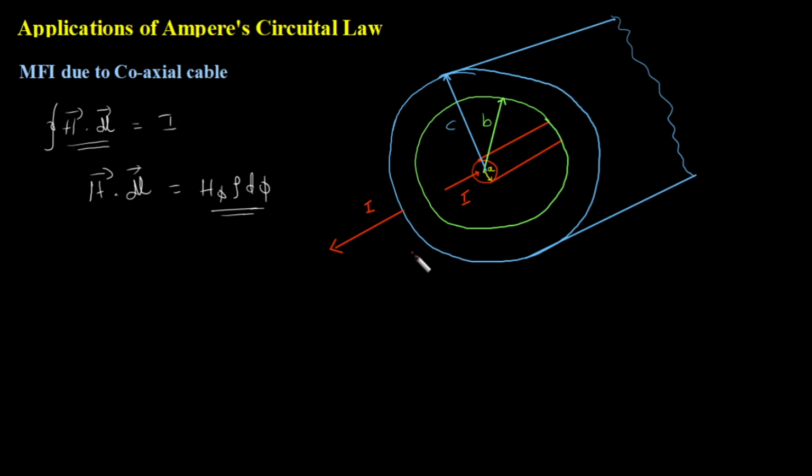What is the expression for magnetic field intensity if the closed path is around the coaxial cable itself, if the closed path is between the inner and outer conductor, if the closed path is inside the inner conductor or inside this shell of the outer conductor?